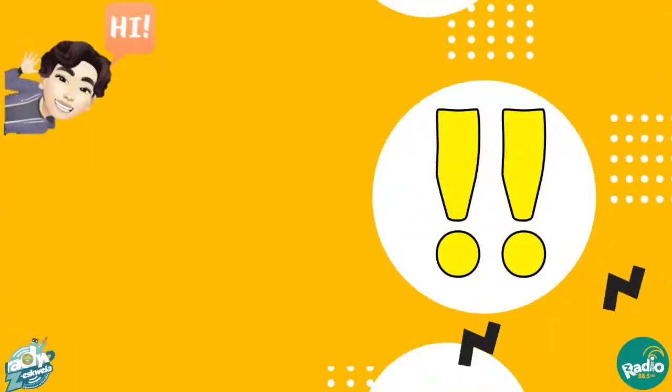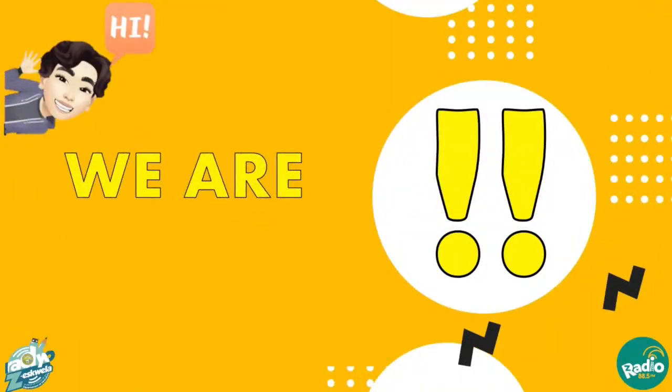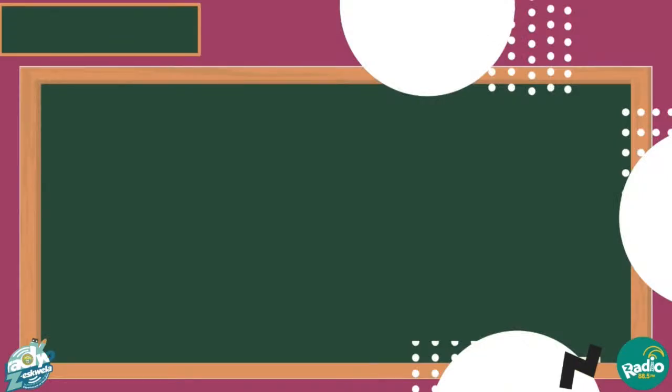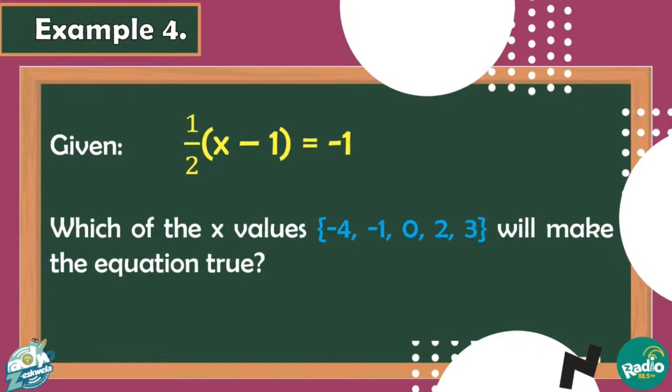And we are back, students. Let us check your answer. The given is 1/2 times the quantity x minus 1 is equal to negative 1. Which of the x values negative 4, negative 1, 0, 2, and 3 will make the equation true?